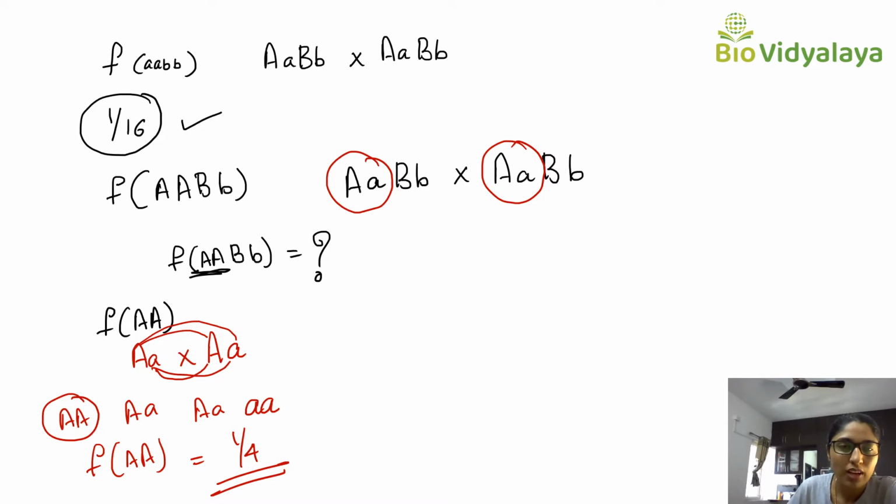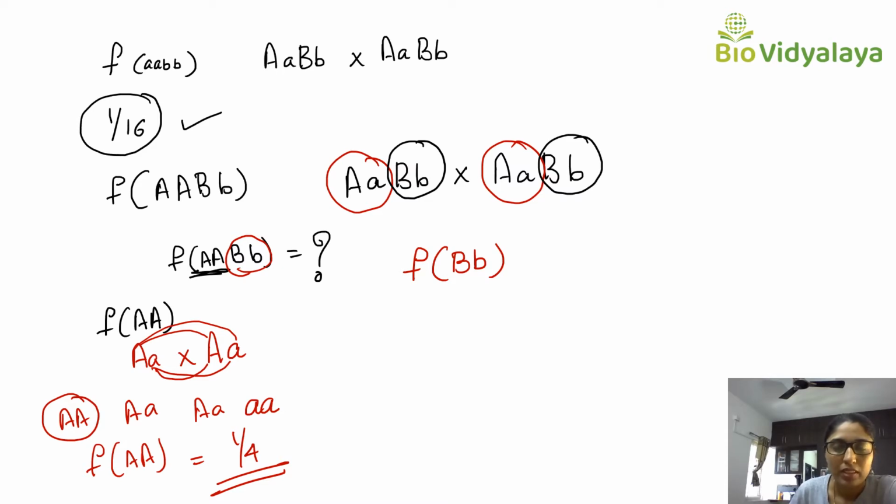Next, we have to find the frequency of capital B, small b when we are crossing capital B, small b with capital B, small b.